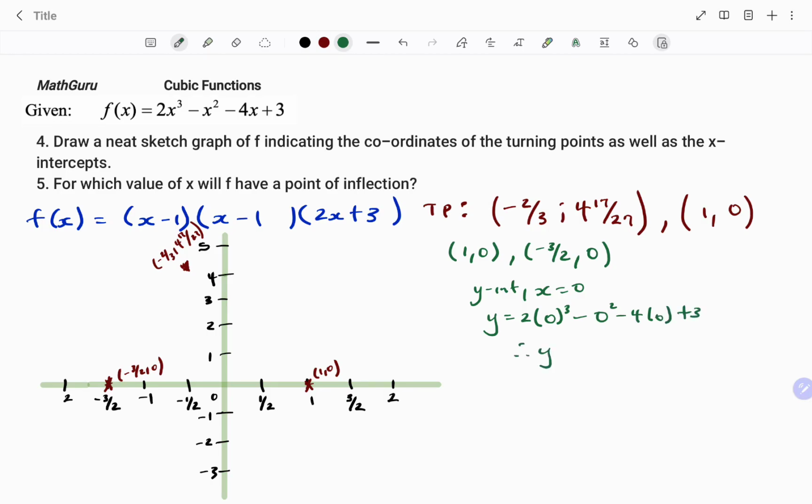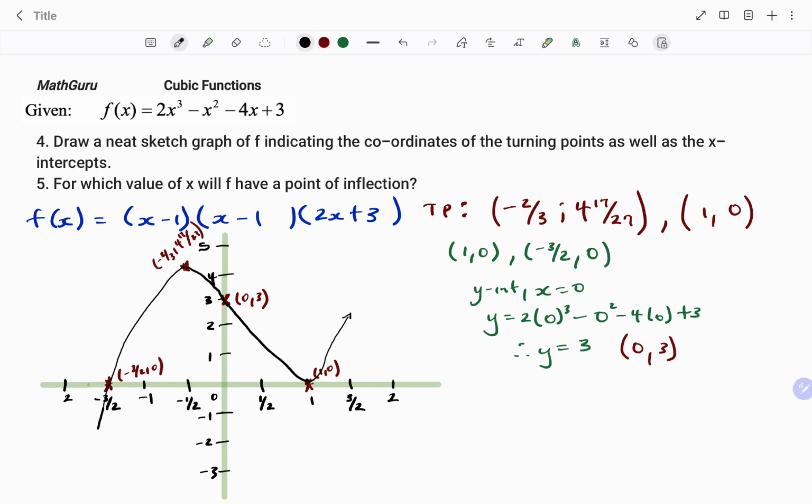Therefore, the value of y will be positive 3. The point I'm looking for is x is 0 and y is 3. If I go back to the graph, my y-intercept is at 3. Now that I have all my points, I just need to join them.